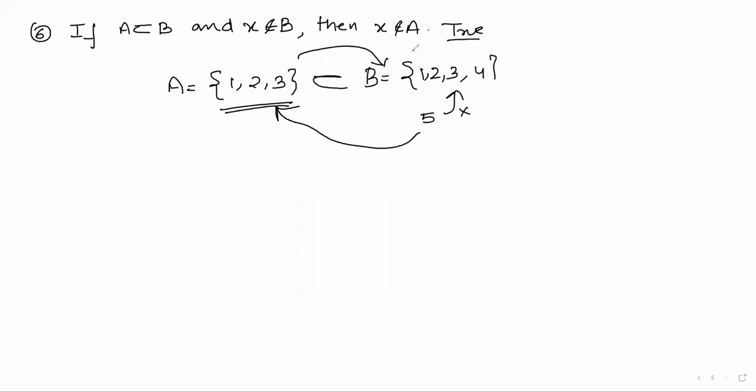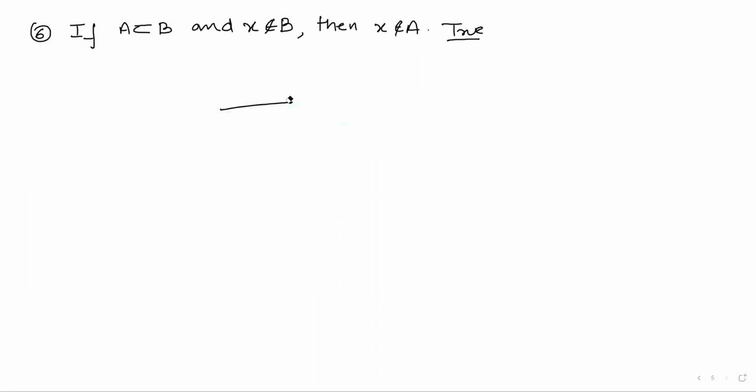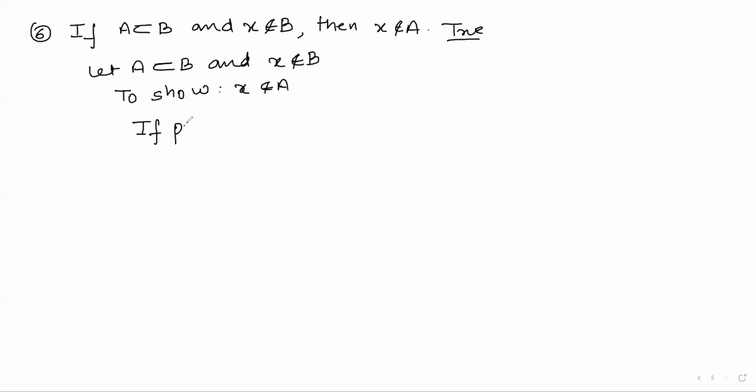So now we will prove it. Let A be a subset of B and X does not belong to B. To show that X does not belong to A, we need to show this. If possible, let us assume the opposite.